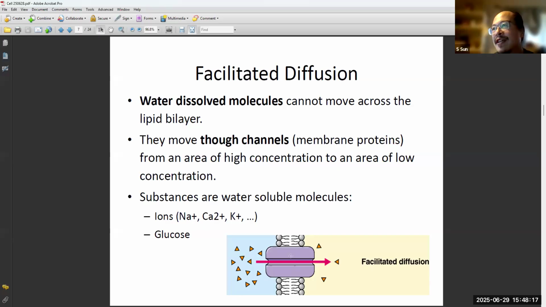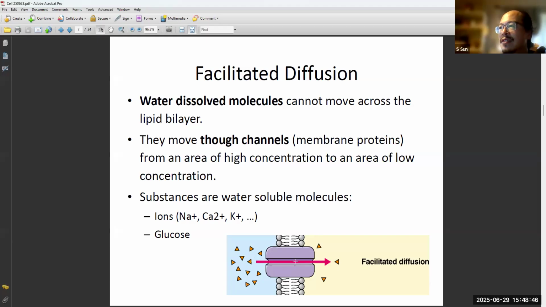A specific type, like a sodium channel, will allow sodium to go through. A potassium channel will allow potassium to go through, because the channel size has its limitation. Some molecules are too big, some have too much charge. Like a calcium channel: calcium has 2 plus, so it's a different charge.